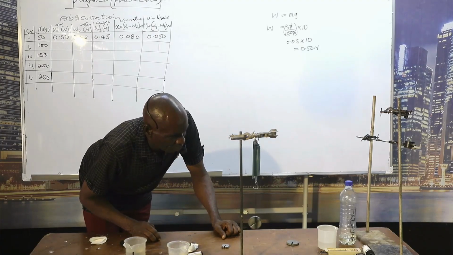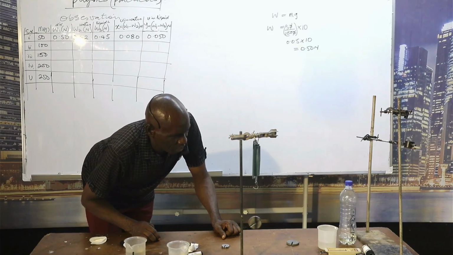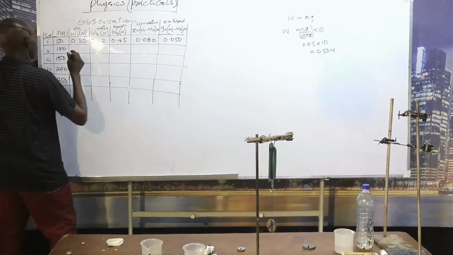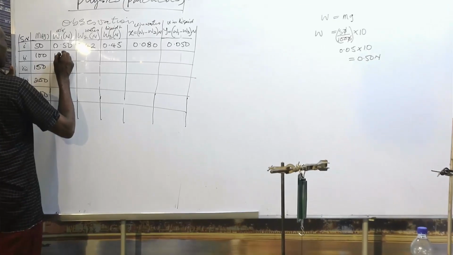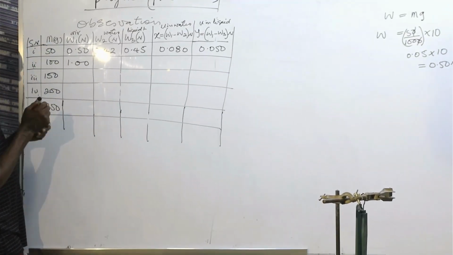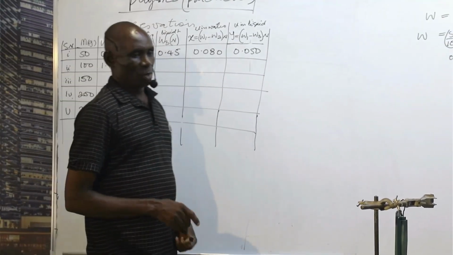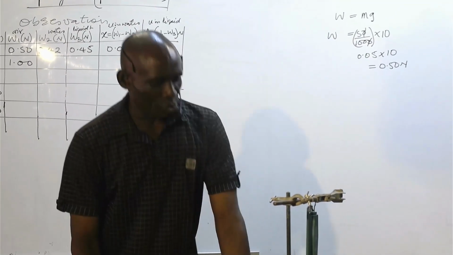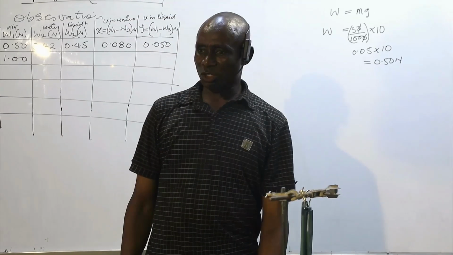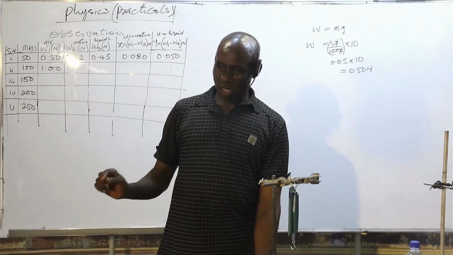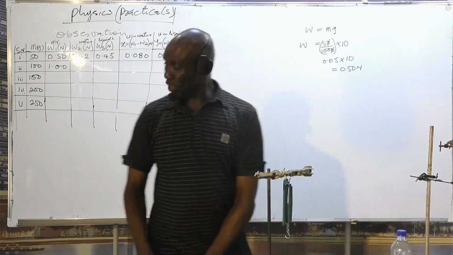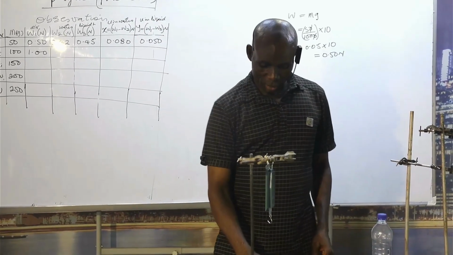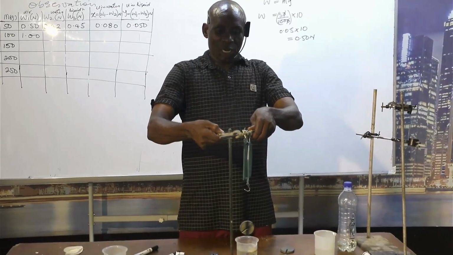So for mass of 100 suspended, it gave me 1.00. That is the adjustment. Then with this now, I can move the water under and adjust again.